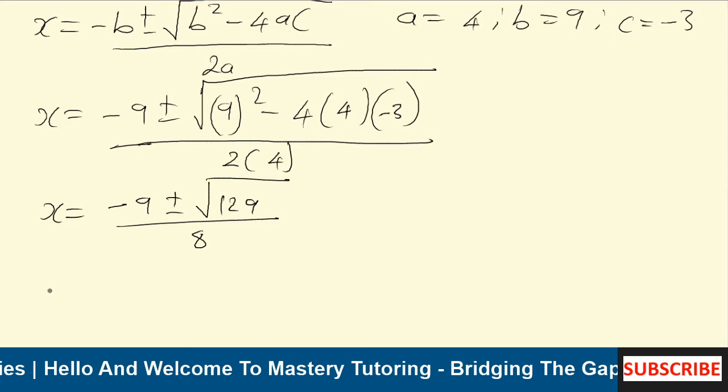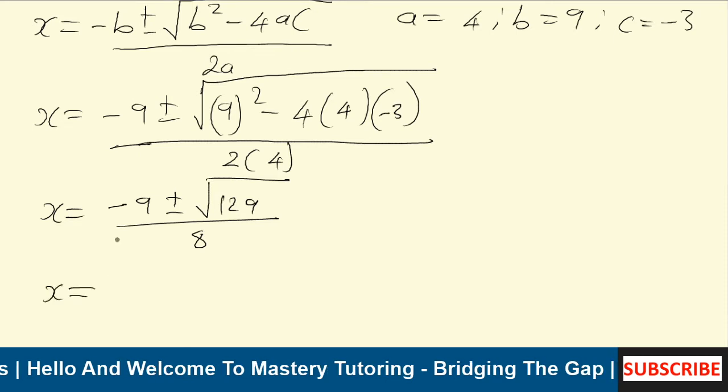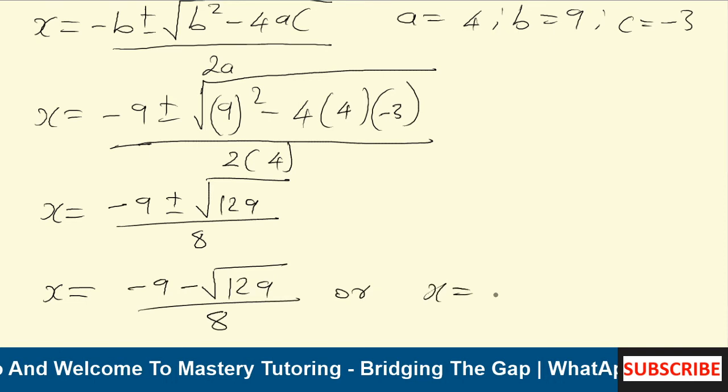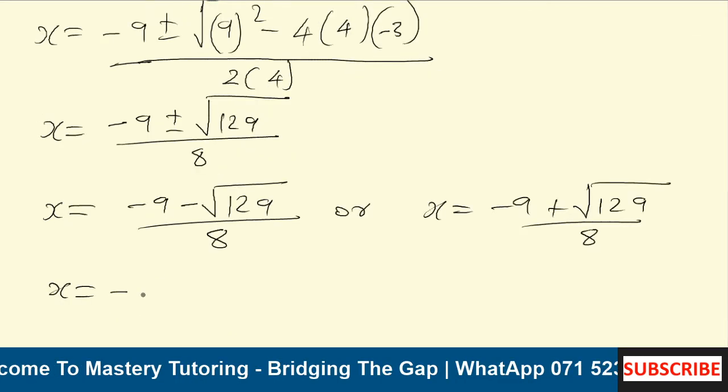And then x is going to be minus 9 minus the square root of 129 over 8, or x is going to be minus 9 plus the square root of 129 over 8. When you punch it in your calculator, it should give you an answer of 2.54 for the first one.